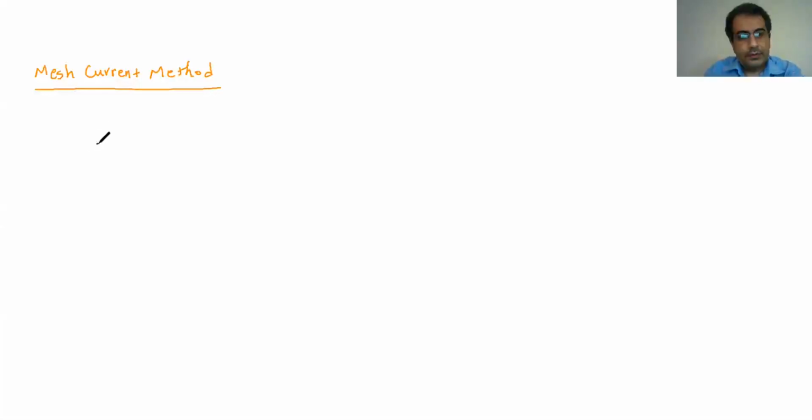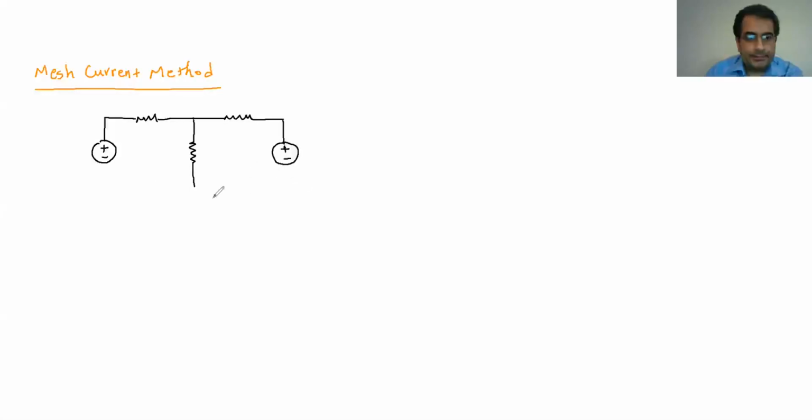Assume I have a battery, and then it's connected to a resistance here, there's going to be a resistance here, and then I'm going to have another battery, or voltage source, here. And these are all connected to each other.